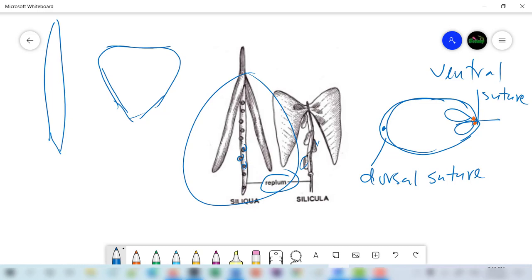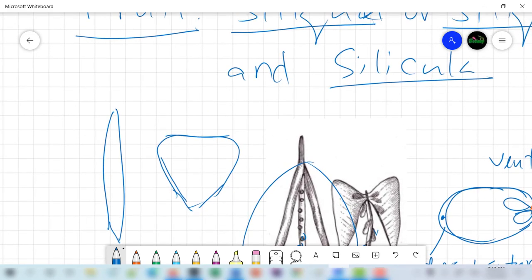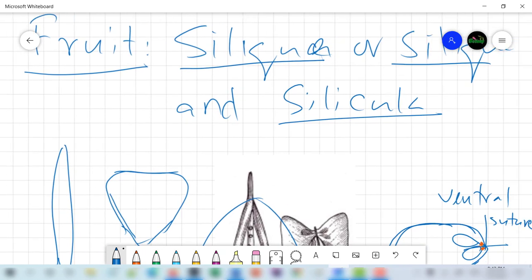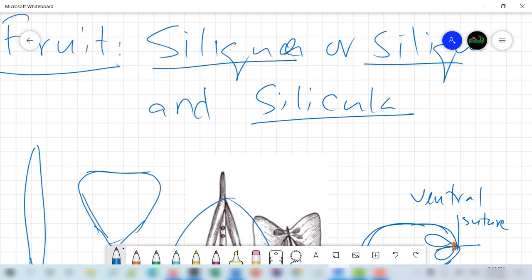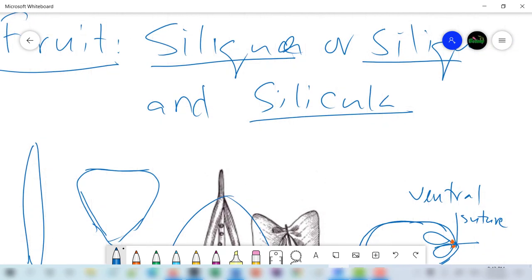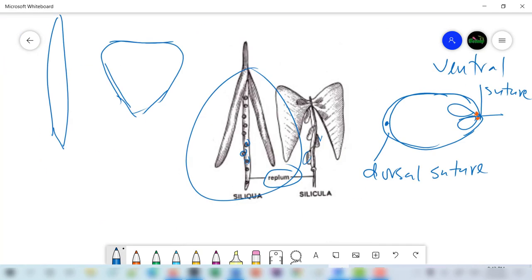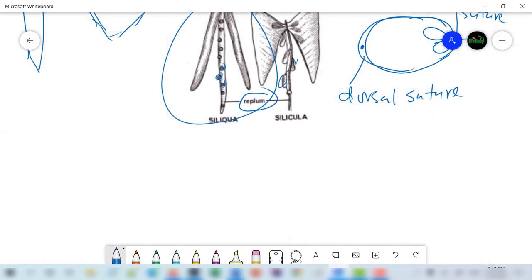So this is siliqua and silicula, the fruit of the family Brassicaceae, which forms from a bicarpillary syncarpous ovary, and as we also discussed in the carpel, the ovary is unilocular in the beginning, but becomes bilocular due to the formation of a false septum to which the seeds are attached when the fruit opens up, and it is known as replum.